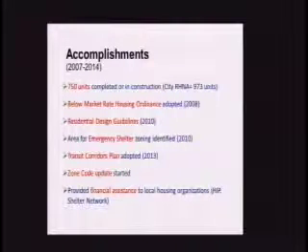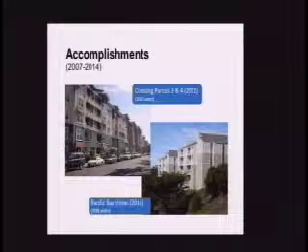The residential guidelines were adopted. Emergency shelter zoning and an area for that was identified by the City Council. The Transit Corridors Plan was adopted. The zone code update was started and is moving along. There's been substantial progress in that. And the city has continued to provide financial assistance to local housing organizations.